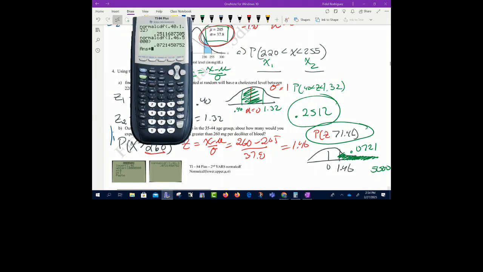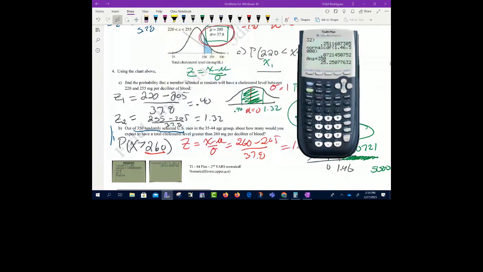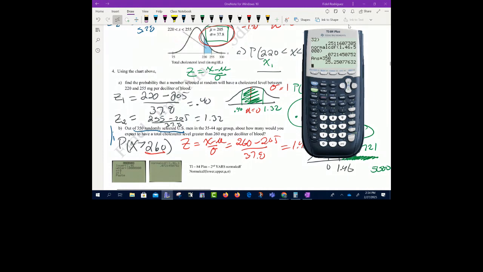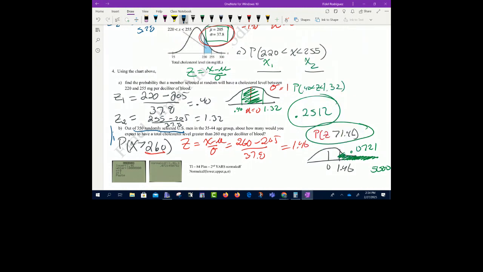Here we're going to round to the nearest whole number. How many men would have this cholesterol? 25, right? So 25 out of the 350.